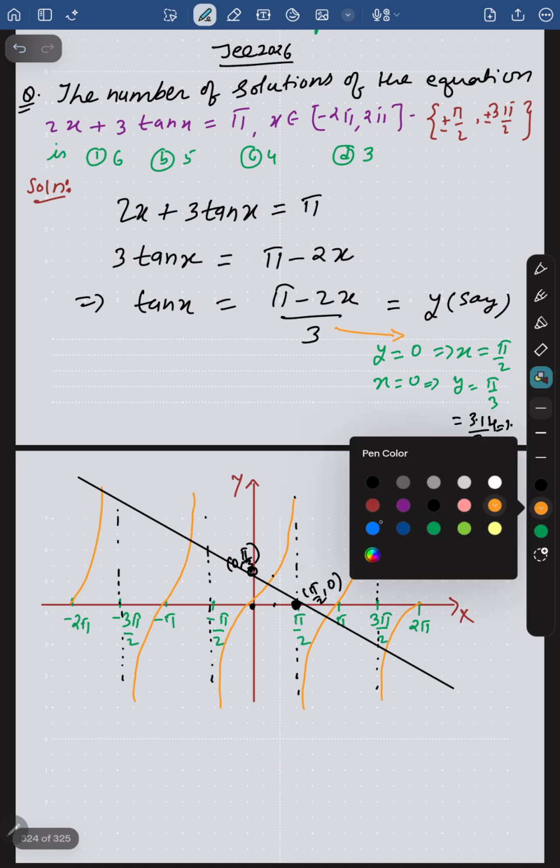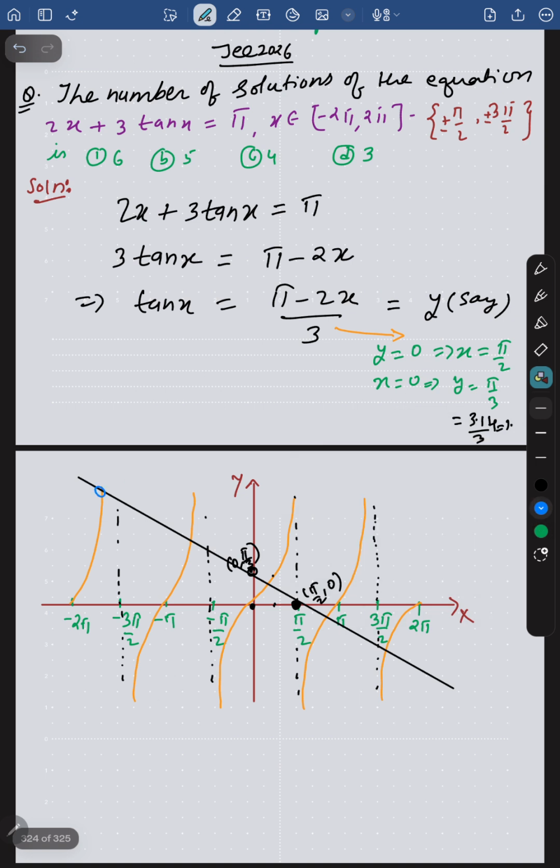Clear? That is the solution. This point it is crossing, this point crossing, this point is crossed, this point is crossed, and this point is crossed. So how many solutions are there? 5 solutions are there. So you will write 5 solutions. So which option is it? Option B is correct. Option B correct. Okay, thank you.